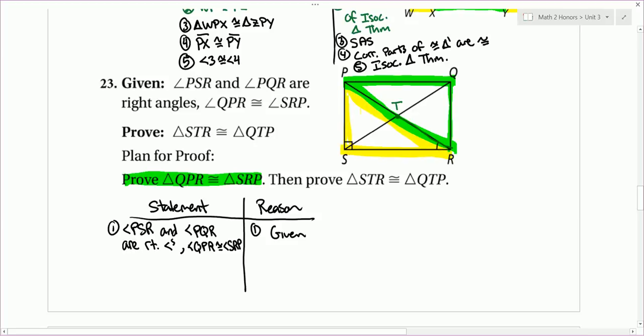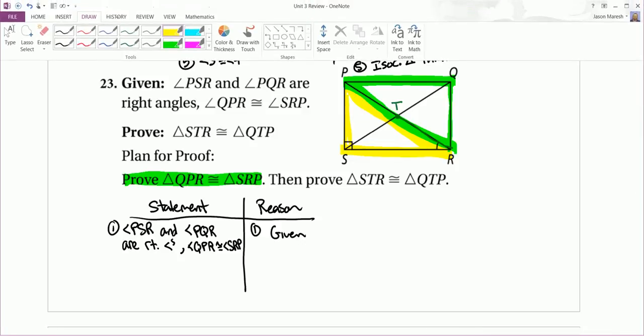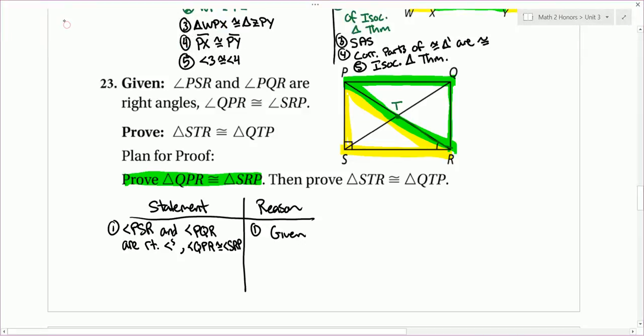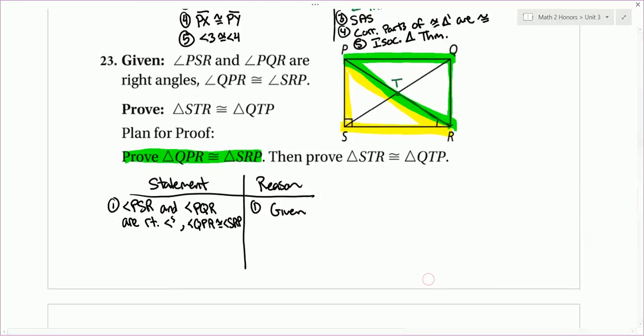Okay. So let's do that. Well, we're given that angle PSR is 90 degrees, and you see it drawn in there. Angle PQR is also 90 degrees, not drawn in. And so we could say that angle PSR is going to be congruent to angle PQR.